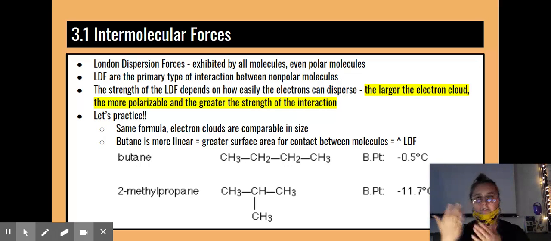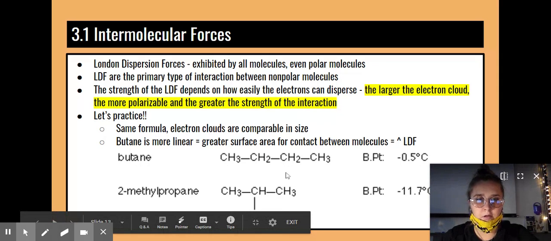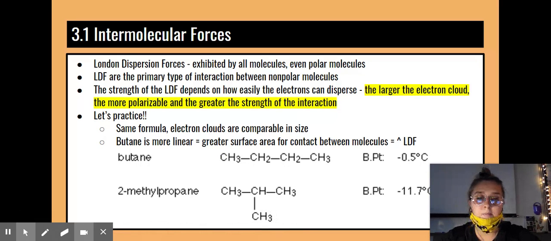If it's smaller, those electrons don't have as much room to move around, so it's less likely that your forces will be as strong.